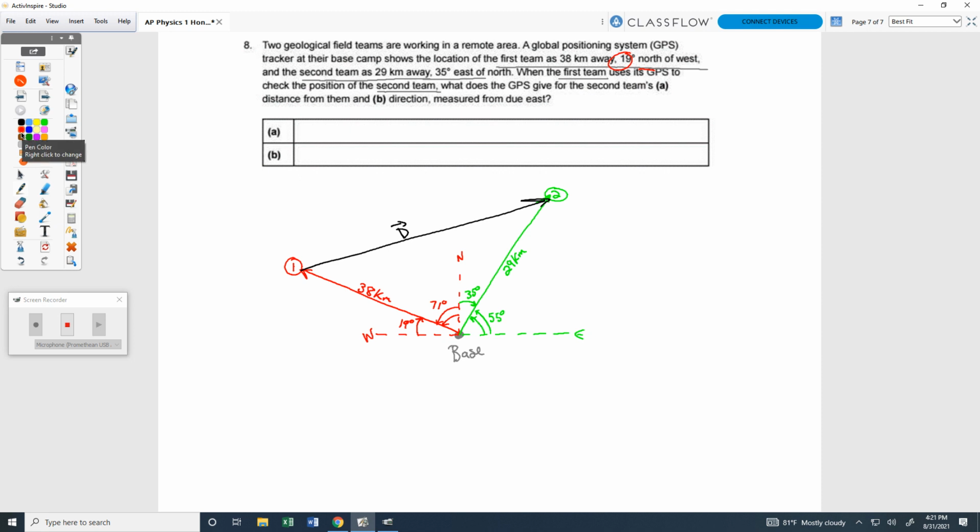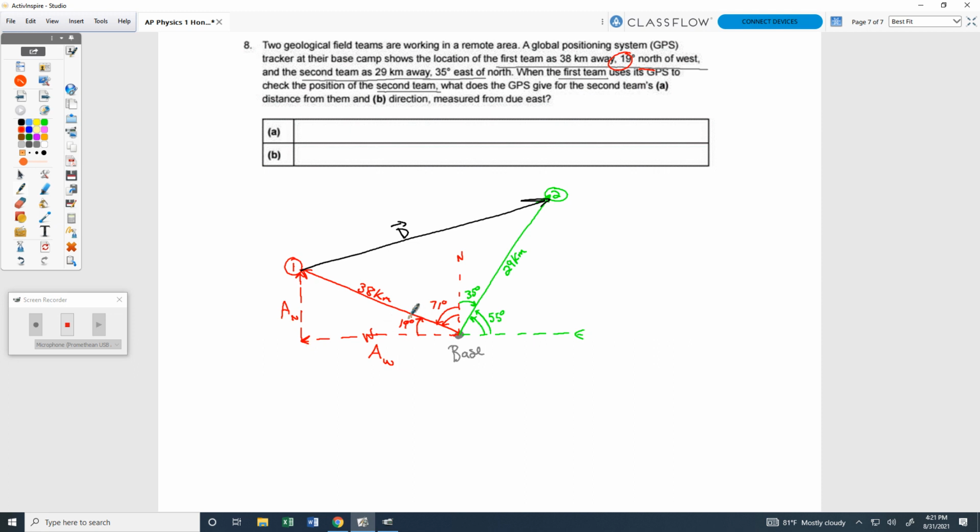For example, I'm going to start out by breaking this 38 kilometers into how far west they actually travel. Rather than team 1, I'm going to call this team A, and I'm going to figure out how far west they go, and then how far north they go. I'm going to do the same thing I've been doing.